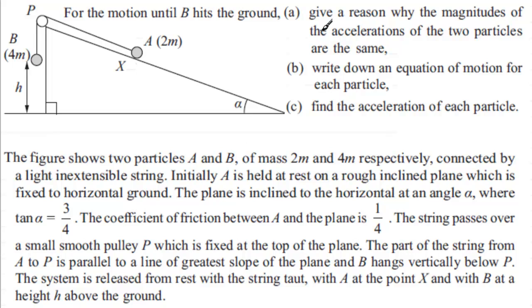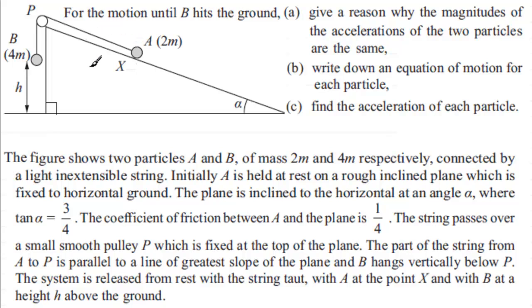Well, for part A we've got to give a reason why the magnitudes of the accelerations of the two particles are the same. Well, that's down to this fact here, that the string is inextensible, that is, it doesn't stretch. So as soon as particle B starts to move down, A will start to move immediately up the plane.